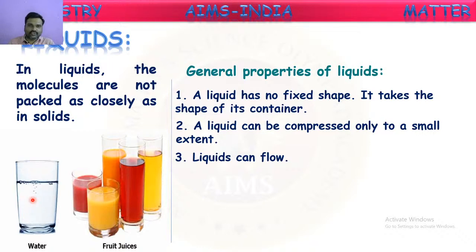Because of this sliding nature, liquids can flow from one place to another, that too from higher altitudes to lower altitudes. We know when you pour water, immediately it spreads on the surface. This is because in water the molecules are loosely packed, so they can slide over one another easily. They spread immediately on the surface available to them. So this moving from one place to another is called flowing. So liquids are the substances which can flow.